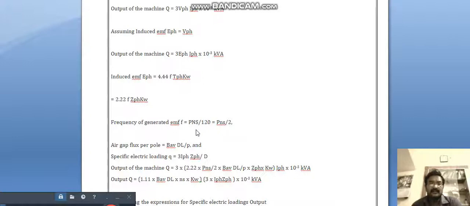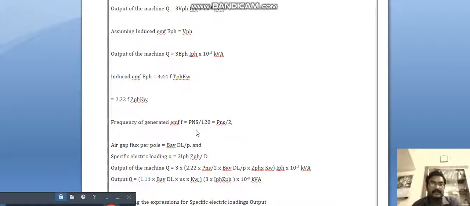It is in rpm. If you want to change into rps, that is rotations per second, we have to divide the rotations per minute by 60. So the frequency of generated EMF is f = P ns by 2, where small ns is in rps.